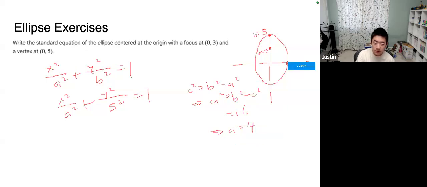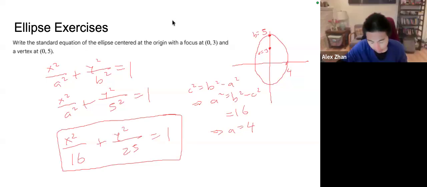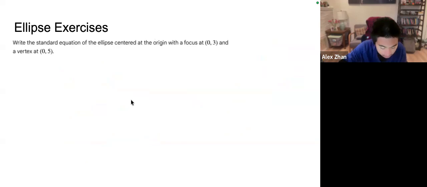So the final equation will be x squared over 16 plus y squared over 25 equals 1. So that's the equation. That's how you get the equation of an ellipse if you have the center, foci and vertex.